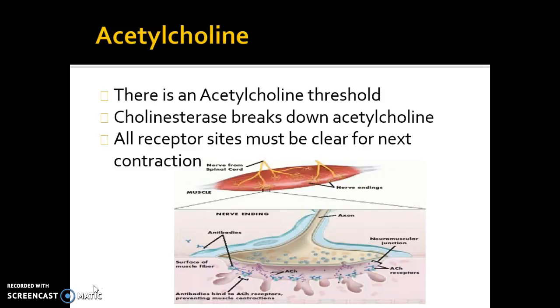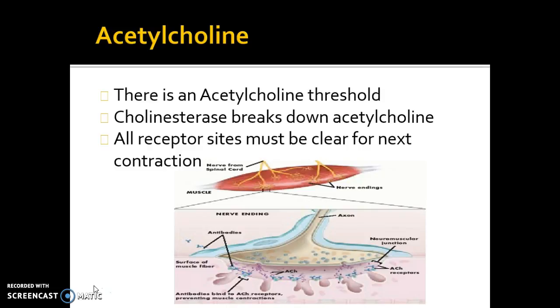There is a threshold for the amount of acetylcholine that needs to reach the receptor sites once it has travelled across the synaptic cleft. If the acetylcholine threshold isn't reached, then the impulse that has just travelled down the nerve won't be able to continue travelling, because there's not enough acetylcholine for it to travel further down the nerve.